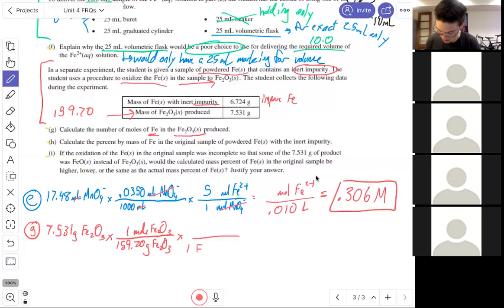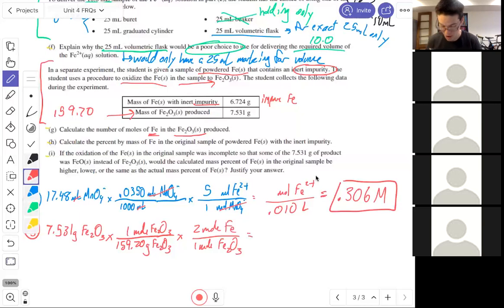Yes, 1 mole Fe2O3, and then the numerator now. 2 moles. Yeah, but I'm confused because there's no mole ratio.